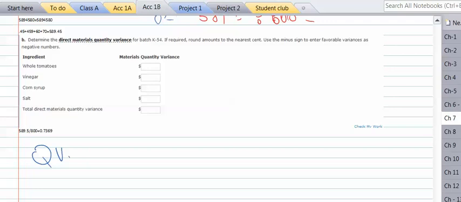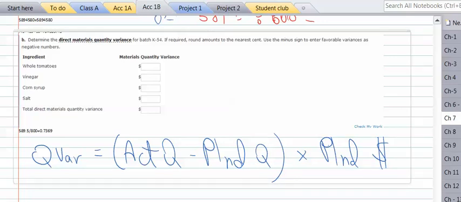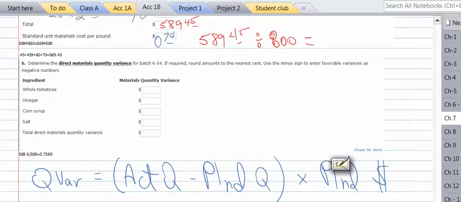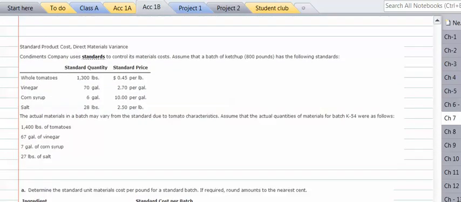The quantity variance is equal to my actual quantity minus my planned quantity times my planned price. Okay? So for tomatoes, let's go ahead and grab those tomatoes. We'll use red for tomatoes. Yes, red tomatoes. So our planned quantity was 1,300, but we used 1,400.